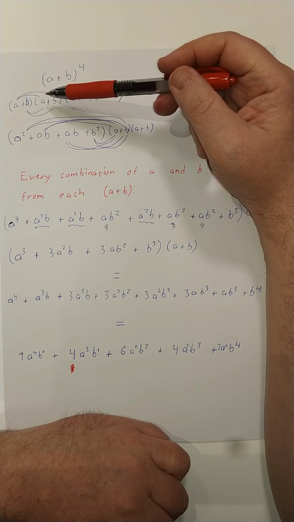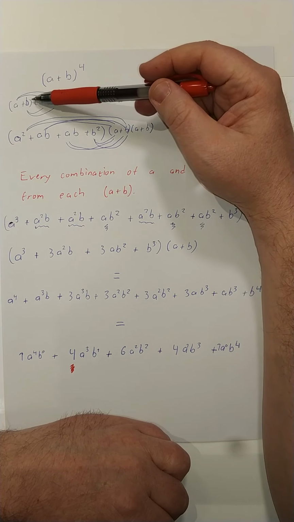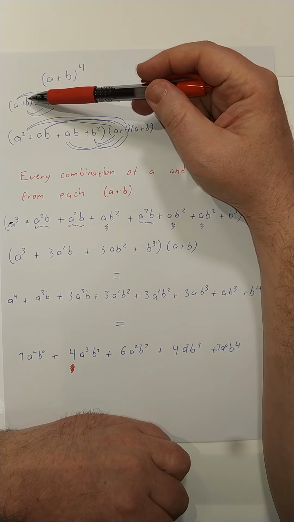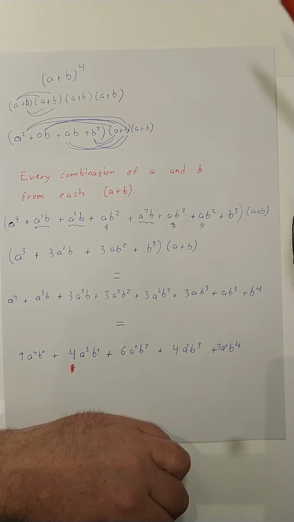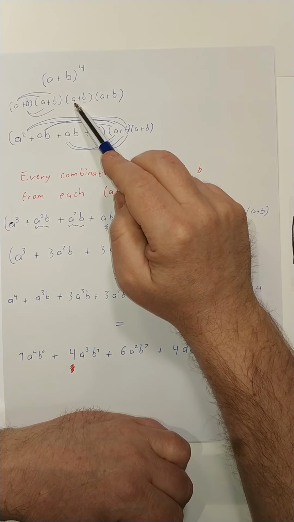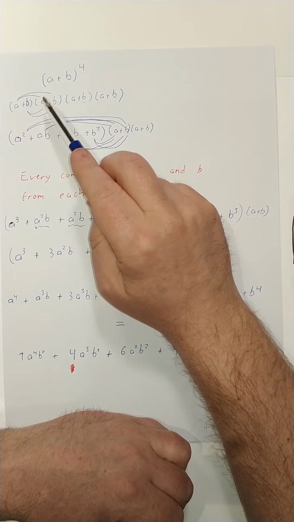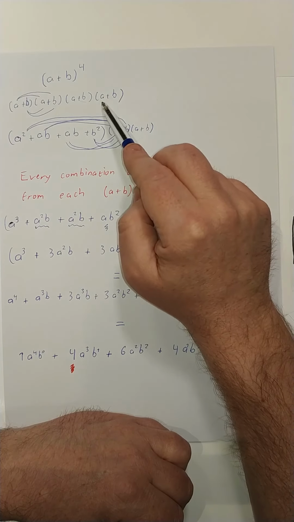So how many combinations could I take which would give me 3 a's and a b? Well, I could have taken that a, that a, that a, and that b. Or that a, and this one, and that b, and that a.